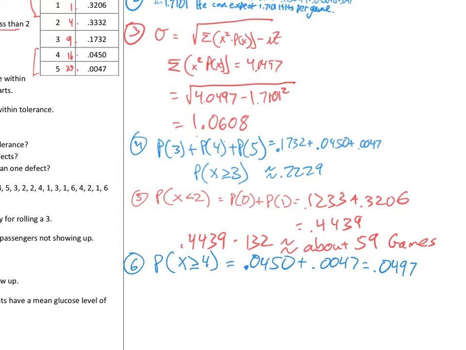That's so close to 0.05, but it's under our 0.05. So yes, it's unusual to get 4 or more hits for this player. That's the idea.